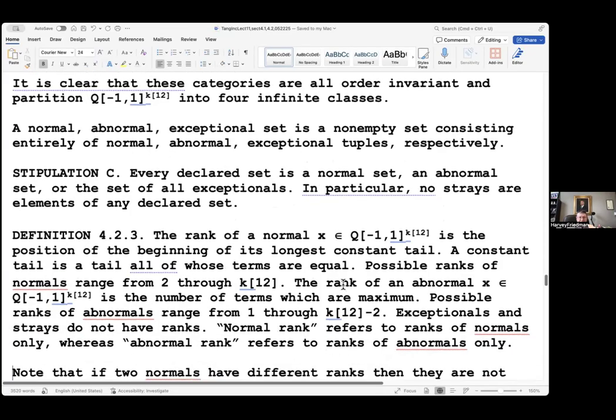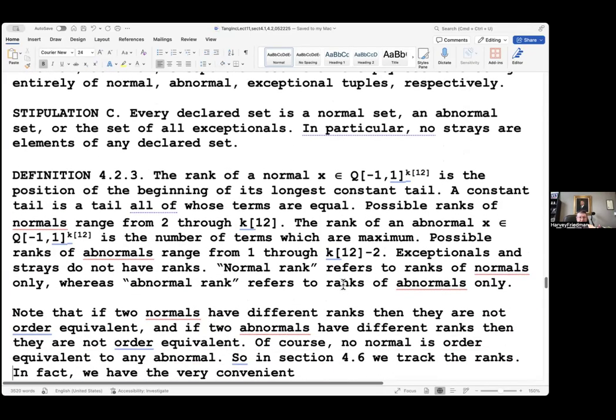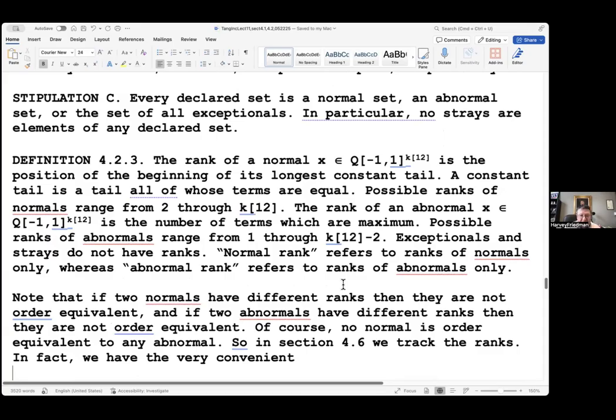The rank of a normal X is the position of the beginning of its longest constant tail. And that could range anywhere from 2 through K12. The rank of an abnormal is the number of terms which are maximum. And the possible ranks of abnormals range from 1 through K12 minus 2.